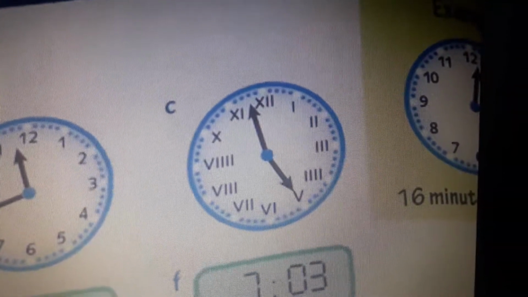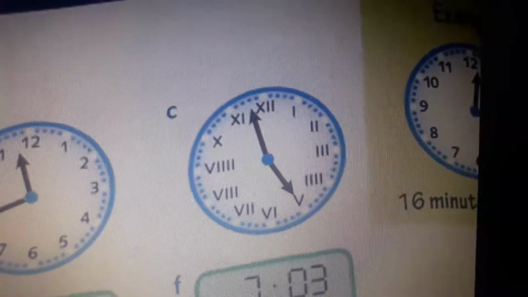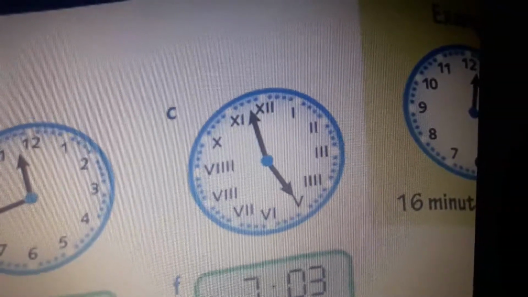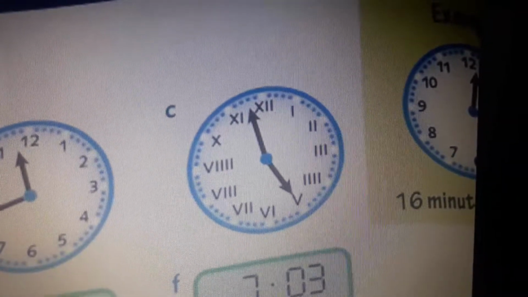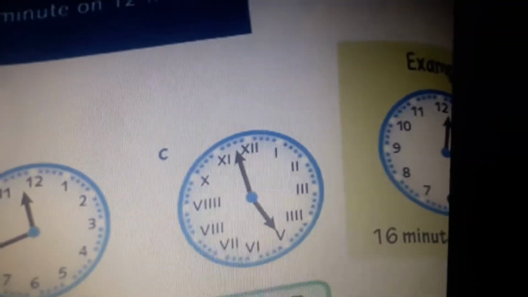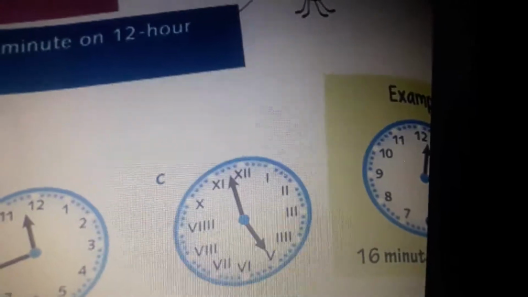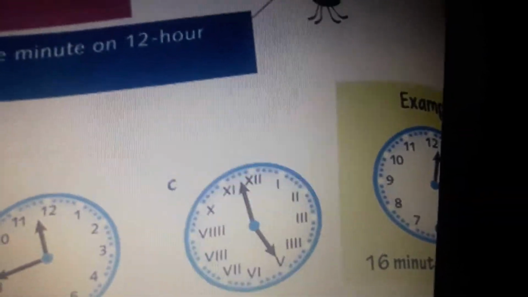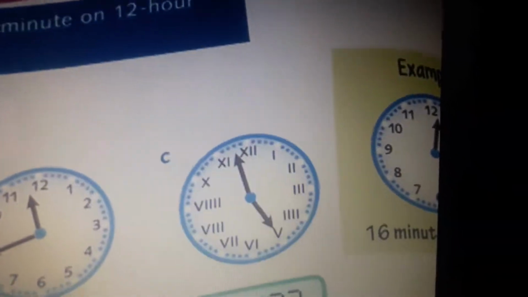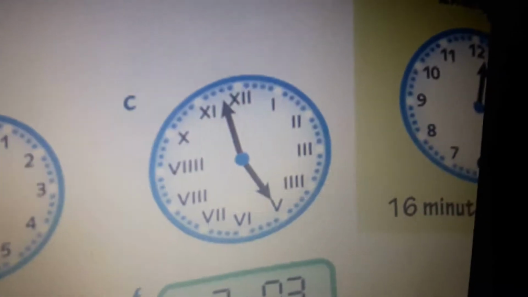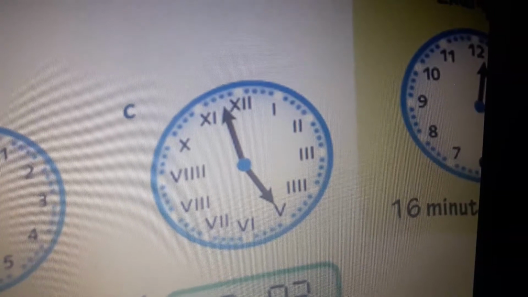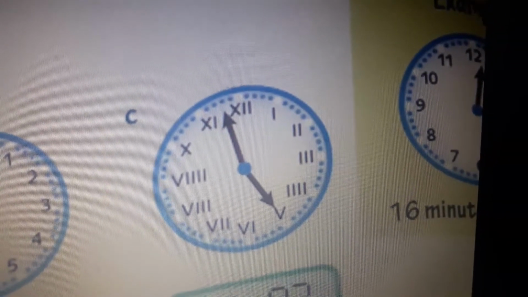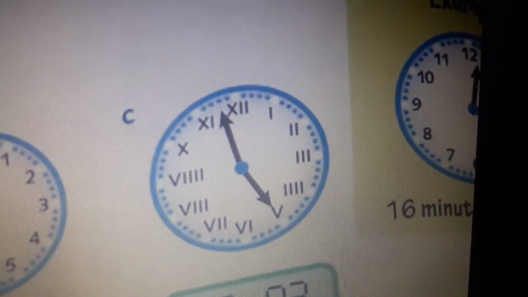When we are going to deal with the digital clock, we are going to use the right hand side only. So it will be 5, 10, 15 on the 3, 20, 25, 30, 35, 40, 45, 50, 55 on the 11, XI.